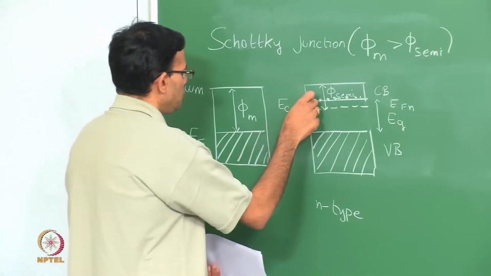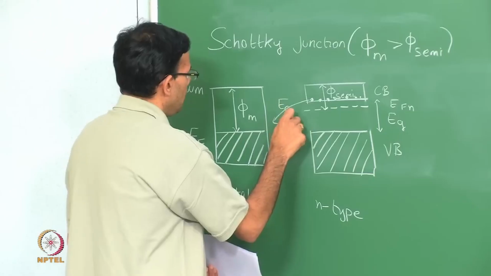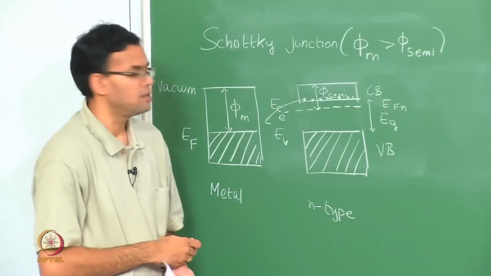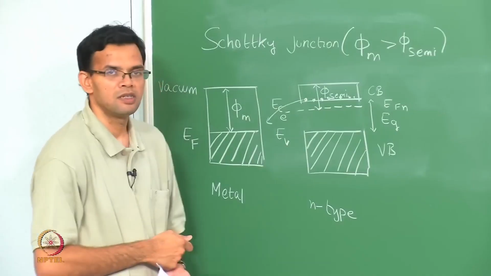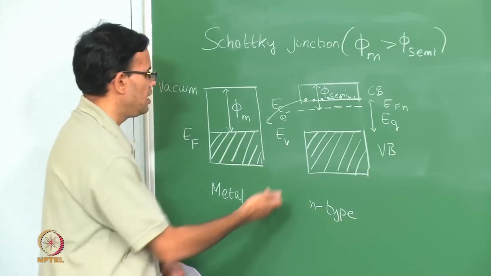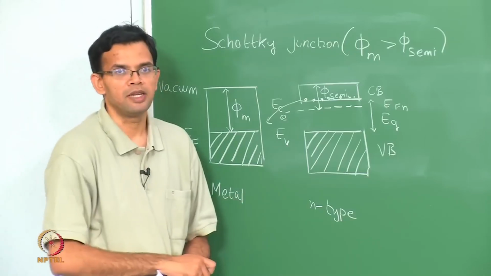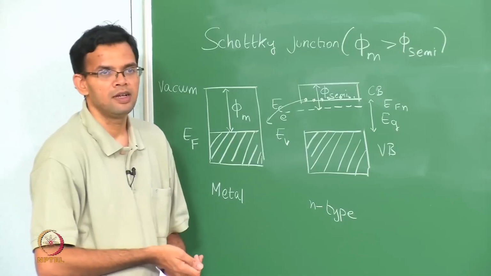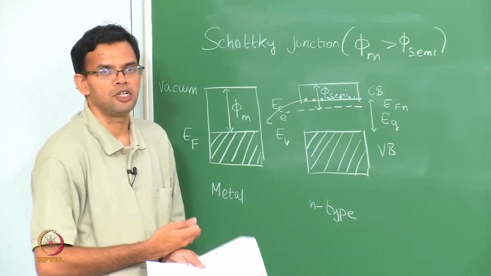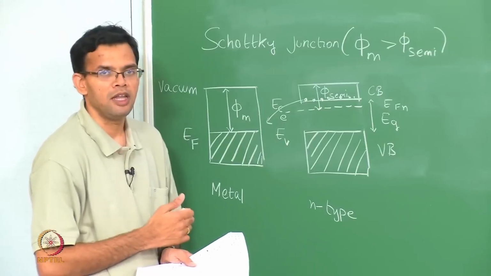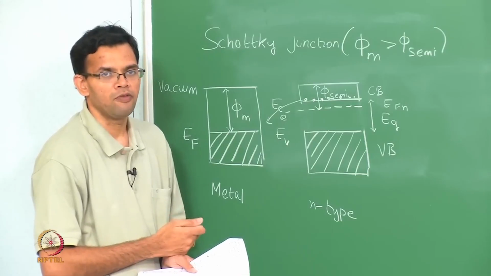So when a junction is formed, electrons can move from the semiconductor to the metal. When this happens, there is a net positive charge on the semiconductor and a net negative charge in the metal. So once again we will have an electric field and a contact potential, and this contact potential will oppose any further motion of electrons.